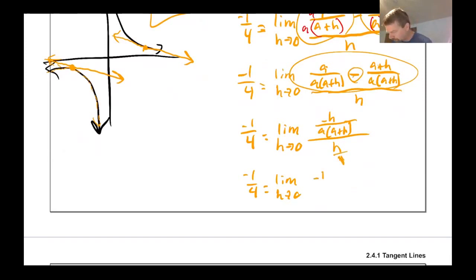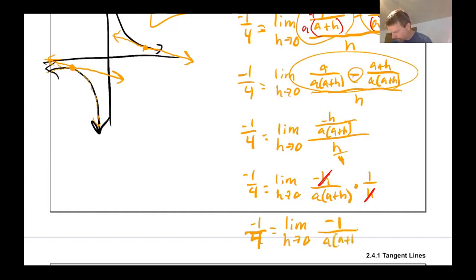So that's negative h over a times a plus h, times, flip the denominator, 1 over h, right? Because multiplying by the reciprocal is the same as dividing by a fraction. We will be able to hopefully see that these h's are going to cancel out. I get negative 1/4 equals the limit as h approaches 0 of just negative 1 over a times a plus h. And now I can actually plug that 0 in.